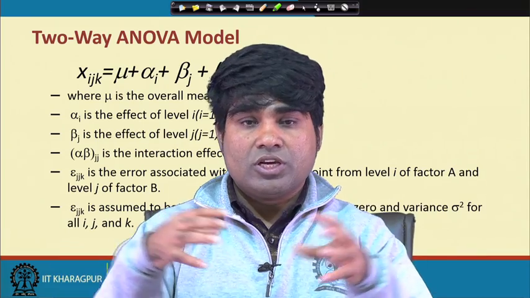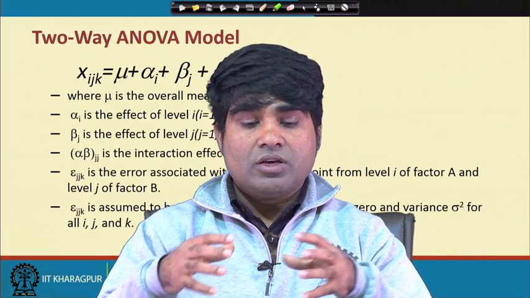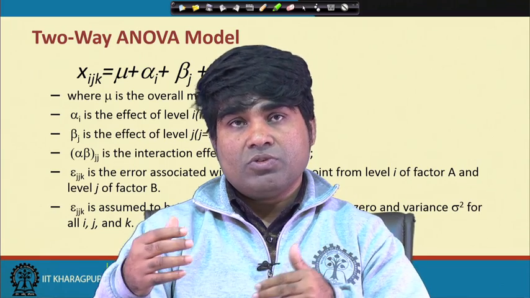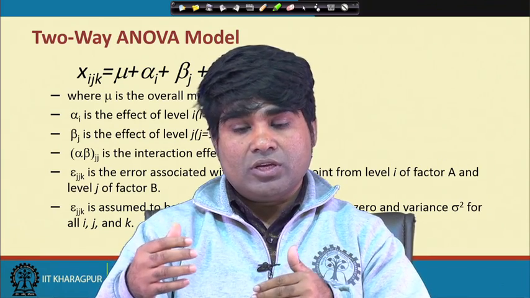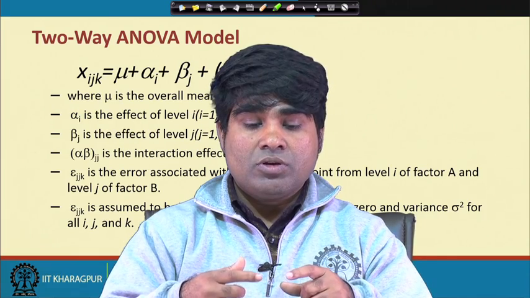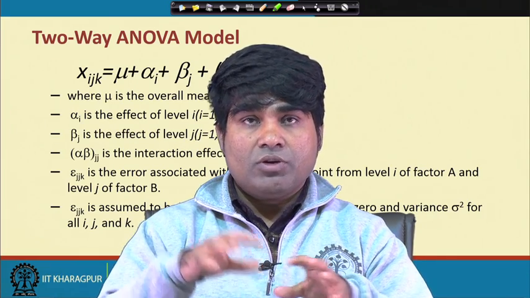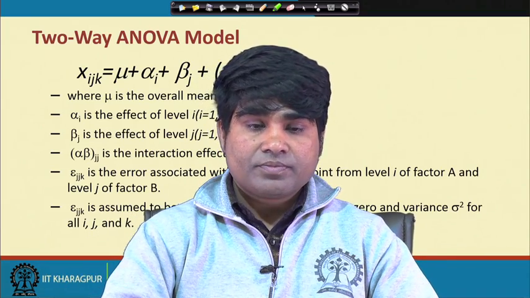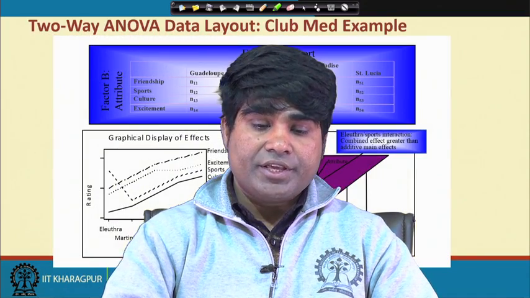So, obviously, there is cross correlation, and you need an interactive effect along with the error terms. Here the error terms are assumed to be normally distributed with zero mean and unit variance with respect to i, j and k.